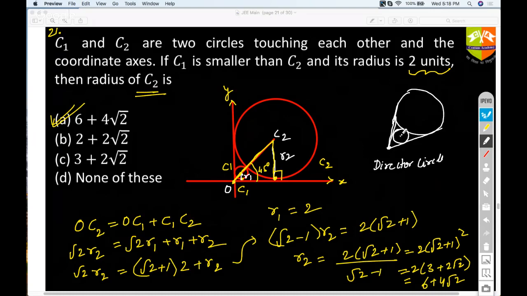What is the radius of this smaller circle? They can ask you this question in the same way. Remember, director circle basically is the locus of the points from where you can draw two perpendicular tangents. So it becomes the same situation. So irrespective of whether they state coordinate axes or a point on the director circle from where you're drawing two tangents, the situation doesn't change.